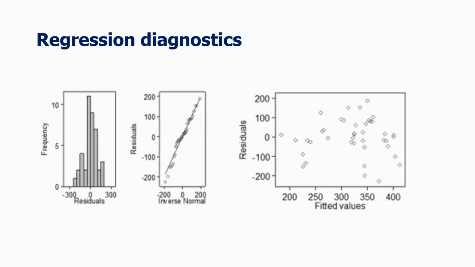Similarly, if you have a lot of points going below 0, then that is an example of a regression model where it is constantly overfitting.